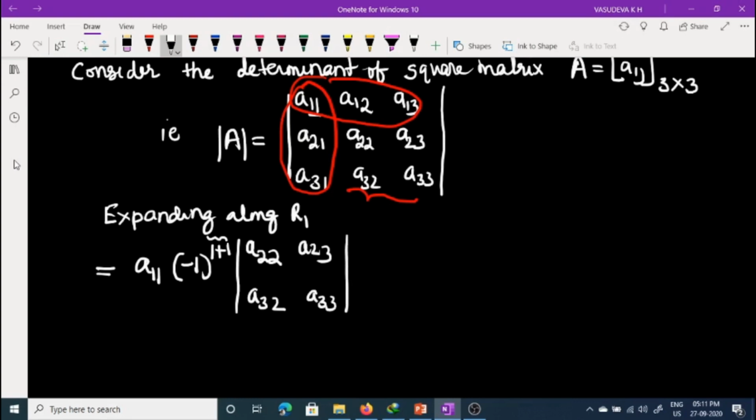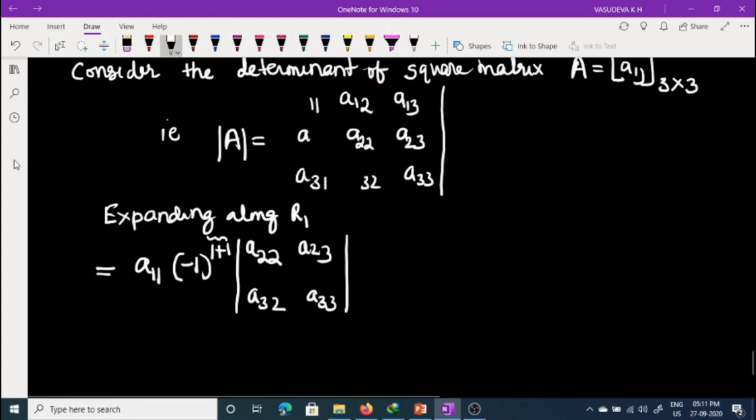Now next, taking the second element of the first row, that is A12, multiplied by minus 1 to the power of, what is the suffix here? 1, 2.